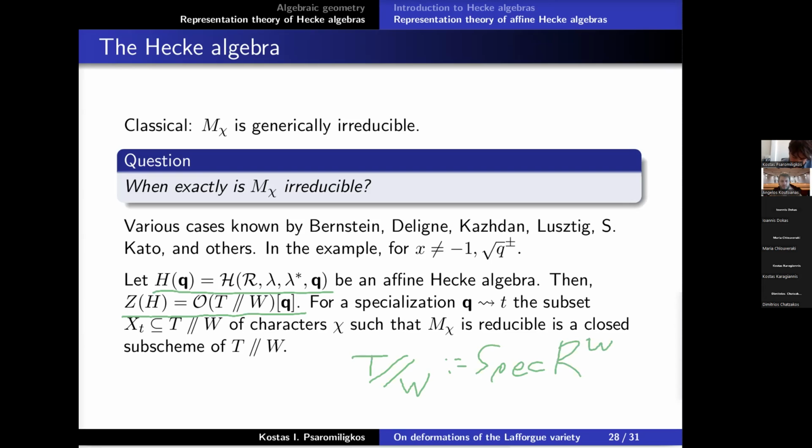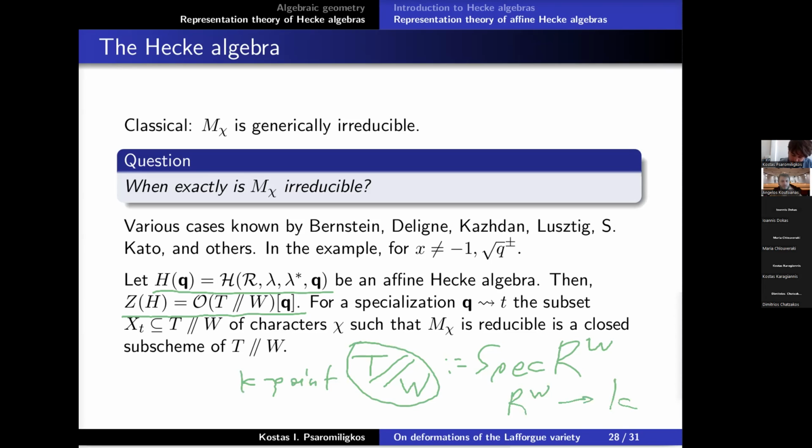And what is a point of T mod W? A point of T mod W is a character from R^W. Let's say a K point. It's a character from the center to K. So we can look at this torus as parametrizing the possible central characters.